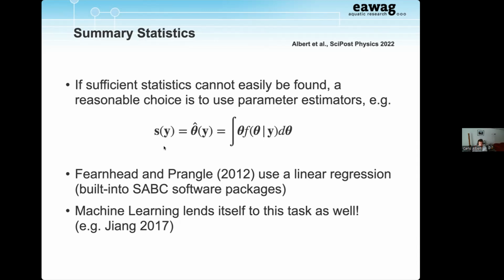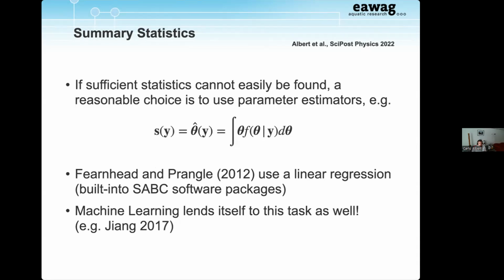And in this famous paper by Fearnhead and Prangle, they did exactly that, using linear regression.